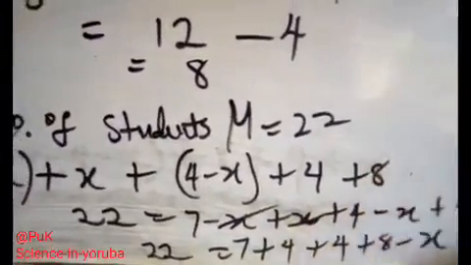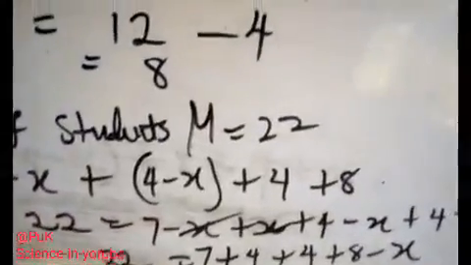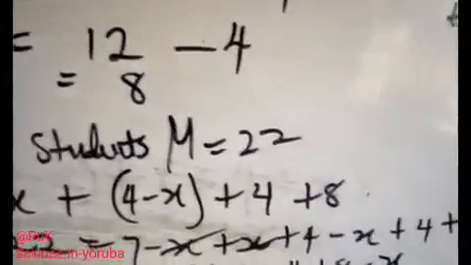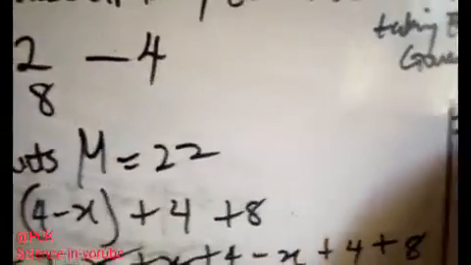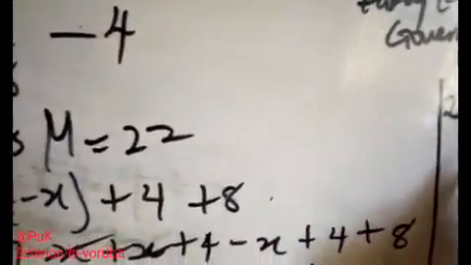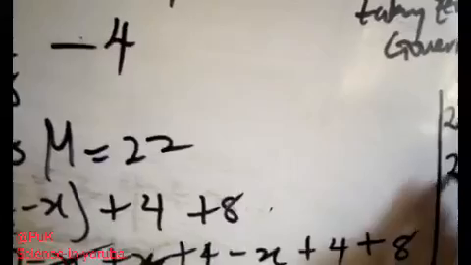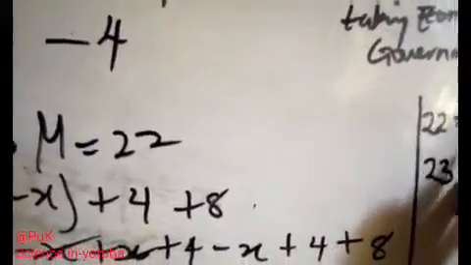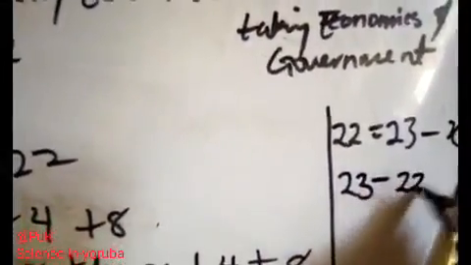So 22 is equal to what? 7 plus 4 gives 11, plus 4 gives 15, 15 plus 8 gives 23. So 23 minus x equals 22. If we interchange it, collect the like terms: 23 minus 22 is equal to x.